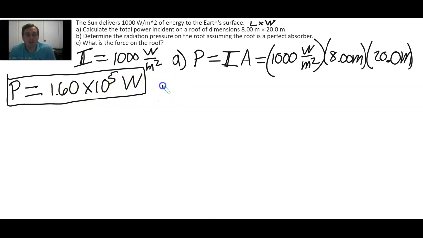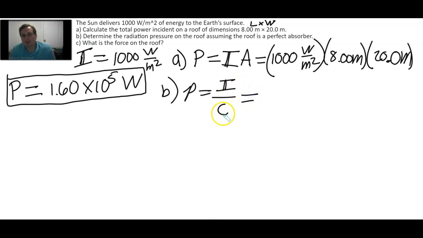Part B, determine the radiation pressure on the roof, assuming it's a perfect absorber. Well, if it's a perfect absorber, the pressure, notice this is not power, right, or momentum. The pressure on the roof should be the intensity divided by the speed of light.